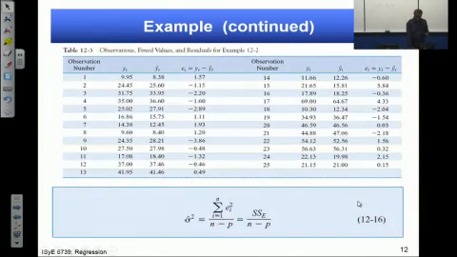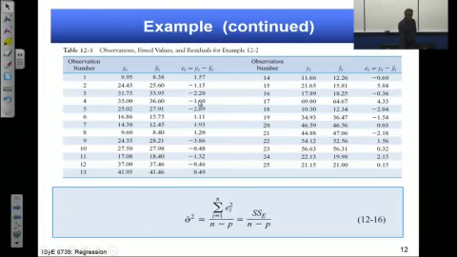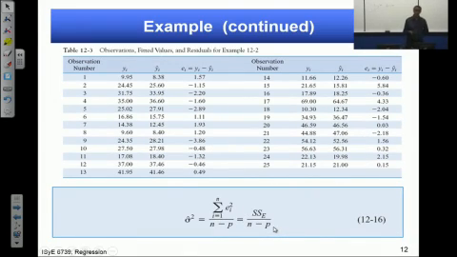Okay. So the question is how we can estimate sigma squared. And as you know, we can use basically the error. The error is each observation minus prediction. We get those errors, we square them, we add them up, and divide by n minus p. Why p? Because we are estimating p parameters.